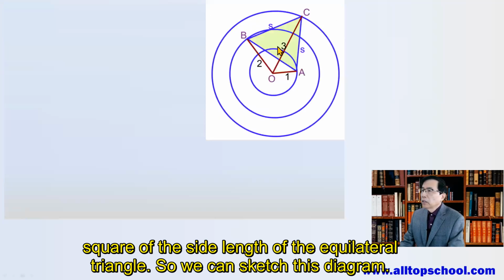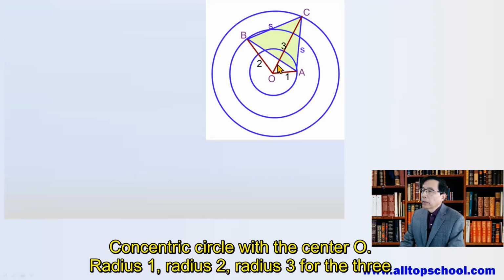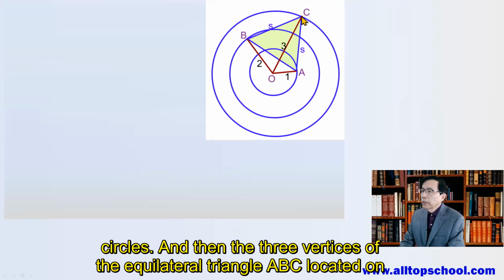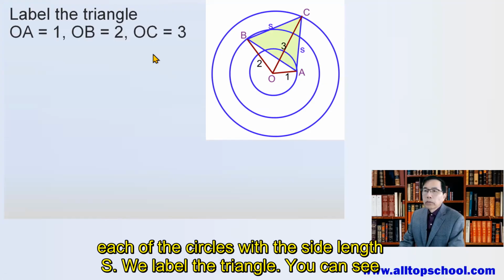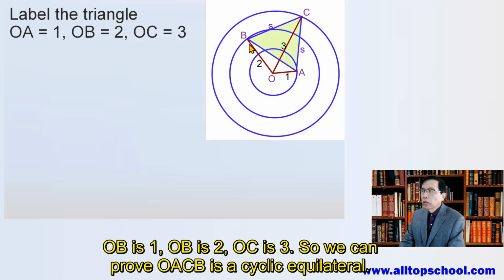So we can sketch this diagram: concentric circles with the center O, radius 1, radius 2, radius 3 for the three circles, and then the three vertices of the equilateral triangle ABC located on each of the circles, with side length S. We label the triangle. You can see OA is 1, OB is 2, OC is 3.